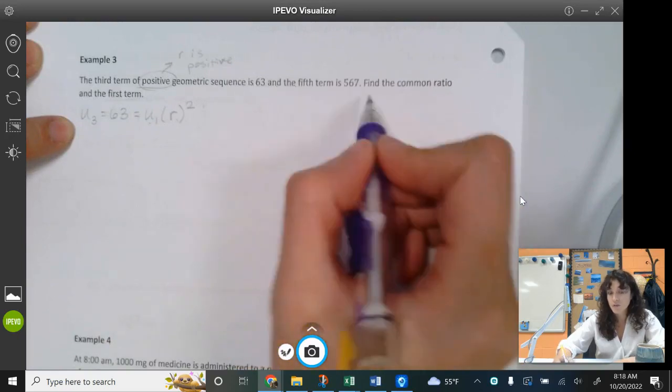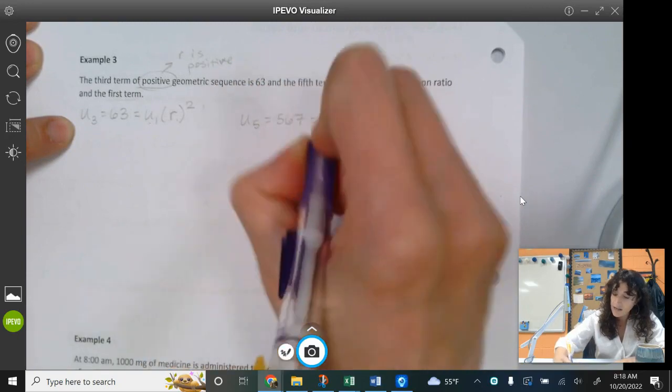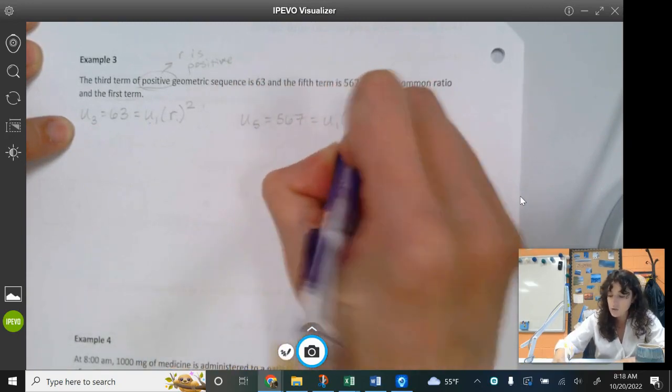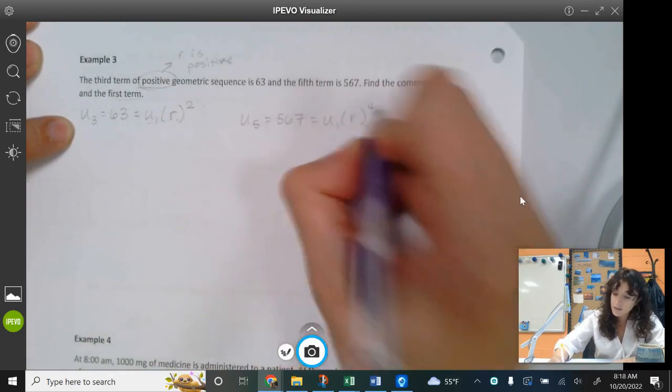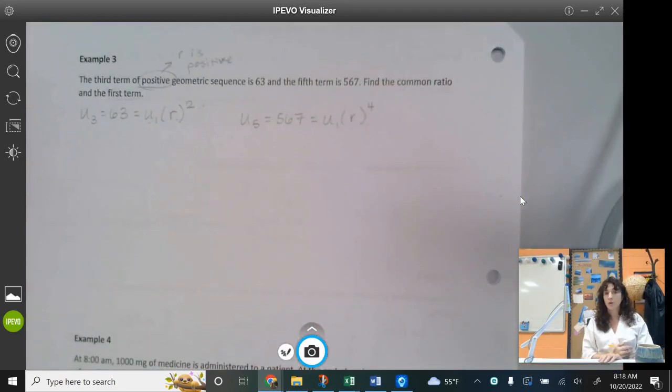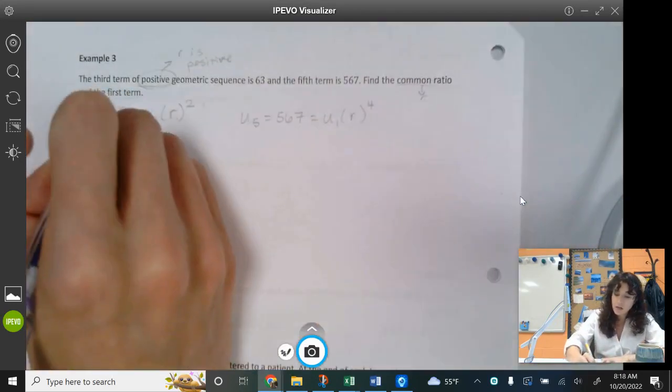So now I could do the 5th term, which is 567, and that equals u sub 1 times r to the n minus 1. N is 5 minus 1 is 4, so that's to the 4th power. So I want to find 2 things, a common ratio and a first term.